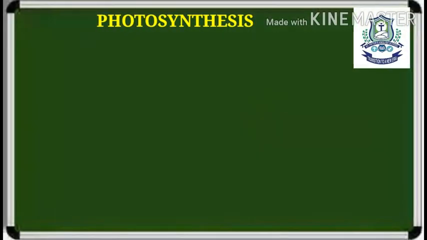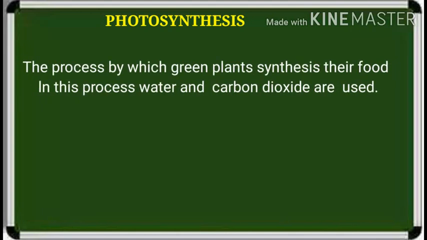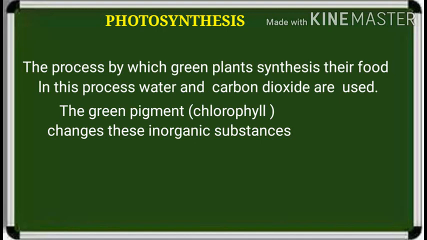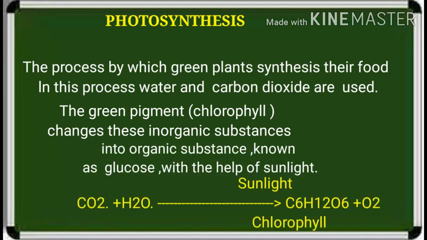It is a process by which green plants use carbon dioxide and water, and with the help of chlorophyll, in the presence of sunlight, change them into glucose.